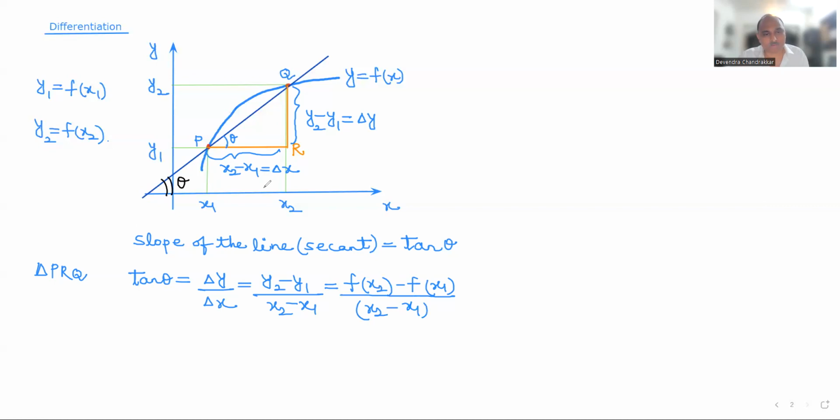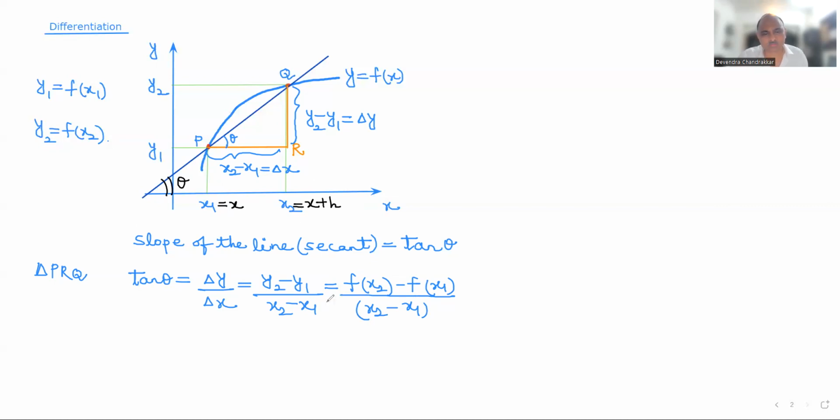Now, if I write x1 as x and x2 as x plus h, obviously f of x1 can be written as f of x and f of x2 can be written as f of x plus h, where h is the difference between these 2 points.